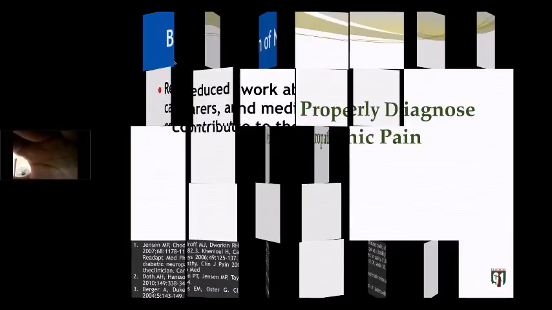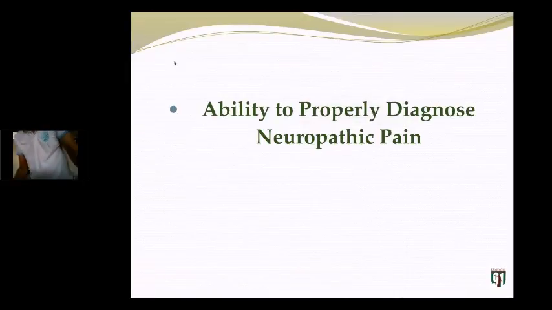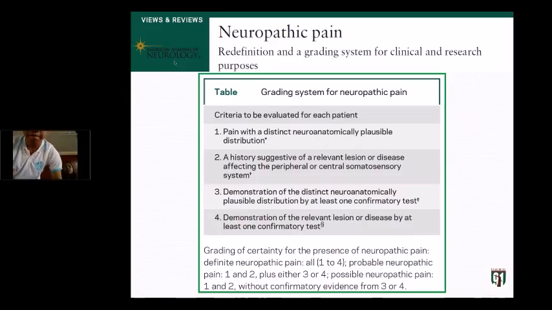Now, how to properly diagnose neuropathic pain? So I have here a grading system to be able to determine whether there is definite, probable, or possible neuropathic pain. This is from the American Academy of Neurology. Basically, there are four things to look at.